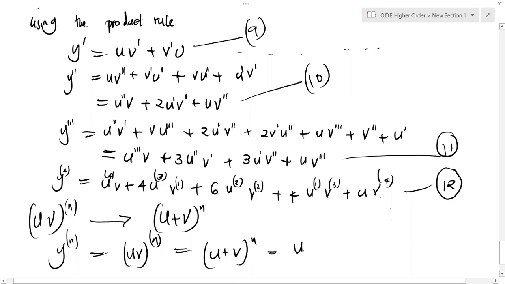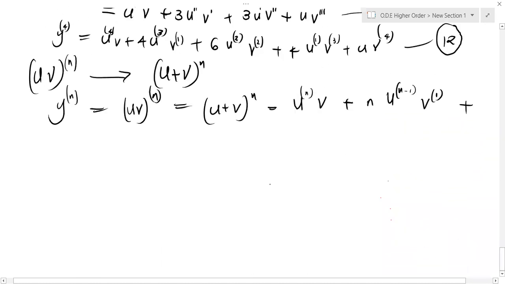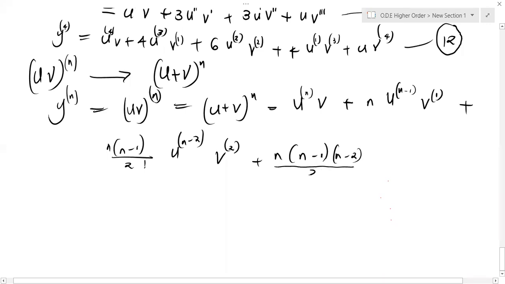This gives u to the n times v plus n u to the n minus 1 times v to the power 1, plus n into n minus 1, all divided by 2 factorial, u to the n minus 2, v to the power 2, plus n into n minus 1, n minus 2, all divided by 3 factorial, u to the n minus 3, v to the 3, and so on.